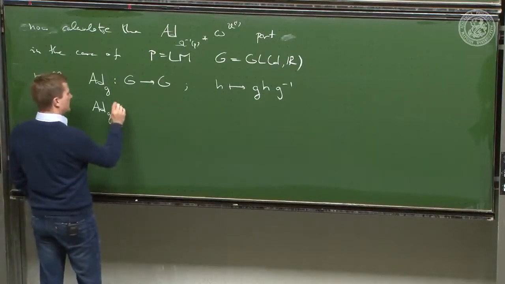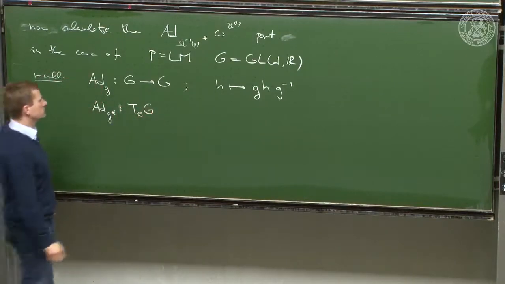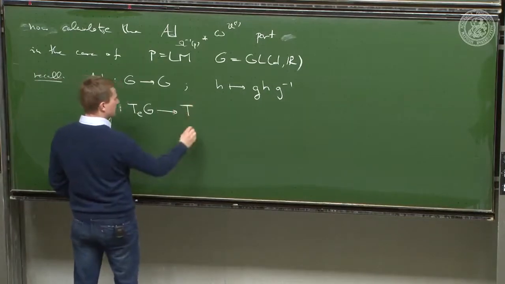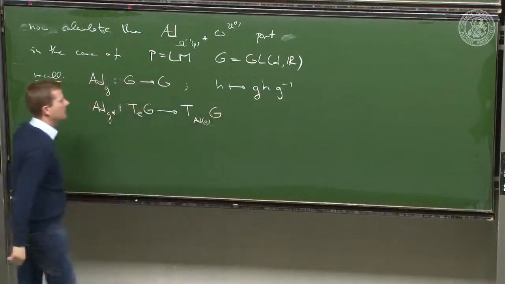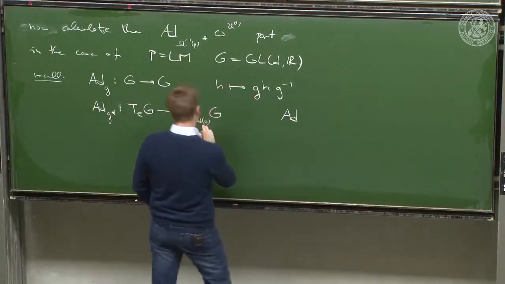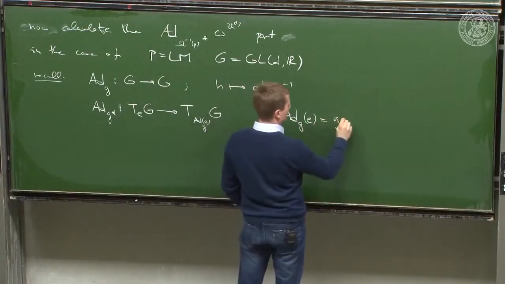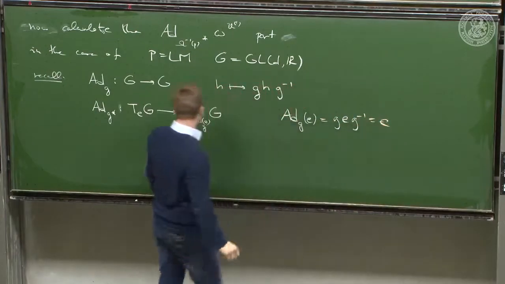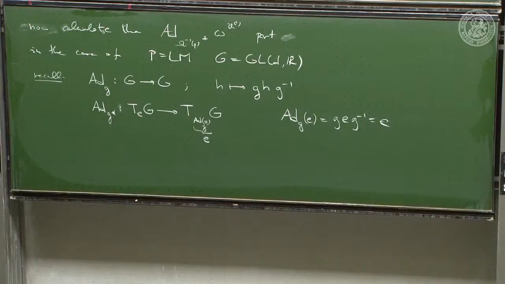You see, the Ad map had this interesting property that if you start here on T_e G, you're of course being sent to T of Ad of e G, but Ad g e, g e g inverse is again e, so this is again the Lie algebra you're mapping to. That's the appeal of the action on the Lie algebra, that it sends you back to the Lie algebra.